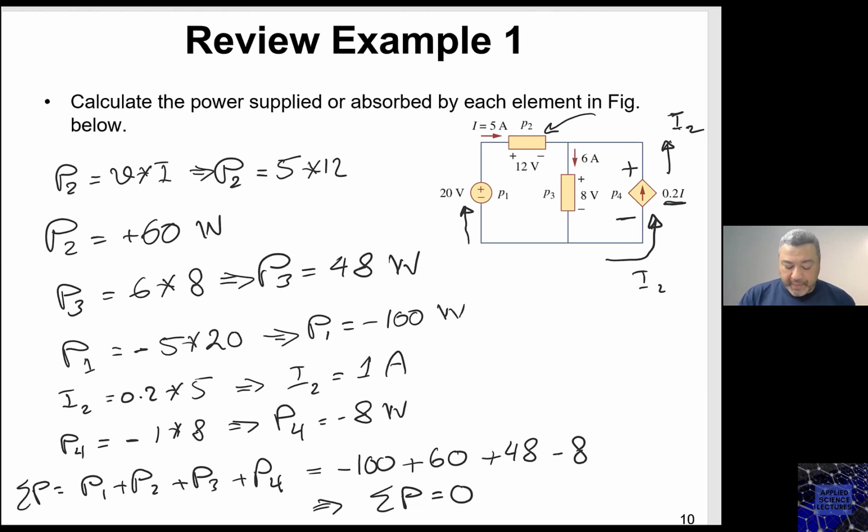Yes, but here you have to be careful. Here, the current and the P2, for example, they will always be positive. Now, for this case, we don't know what kind of component this is, but if you have a resistor, you will always get a positive power because resistors will always absorb power, right? So for this resistor, if I have the current going in this direction, then you have to put plus minus this way.